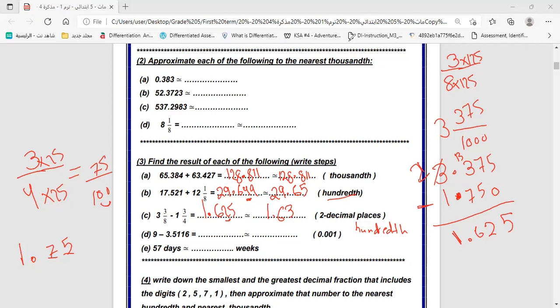Okay, fine. Here, if we have 9 minus this one. Okay, 9 is a whole number, and the other number is a decimal number. How am I supposed to do it, grade 5? We will, as I told you before, put a point up and a point down. Take care, 9 here is a whole number.